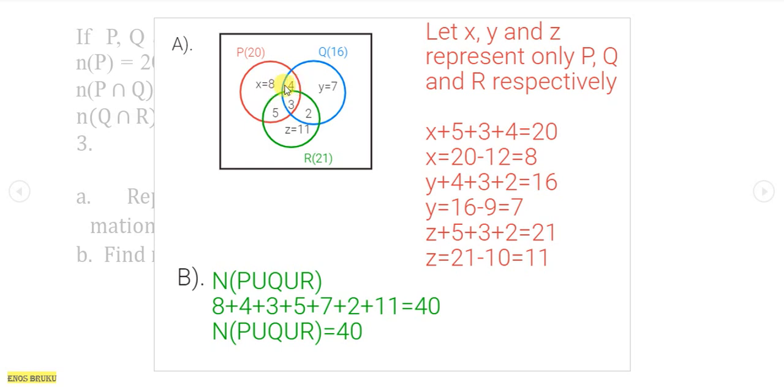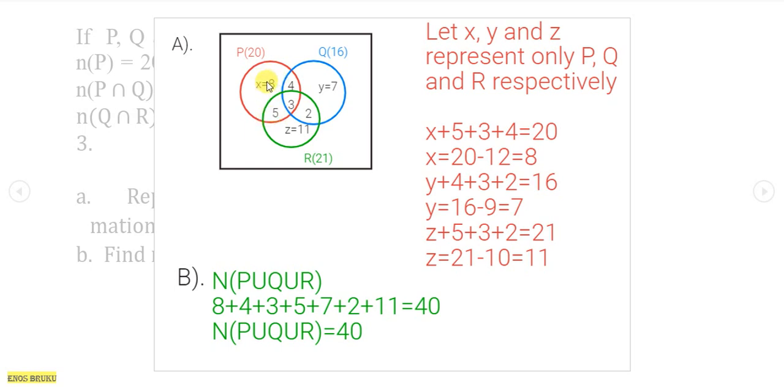Okay, so how do we find them? They already told us in the question that the set P, if you add all the members, you should be getting 20. We don't know one, but we know 3 of them.